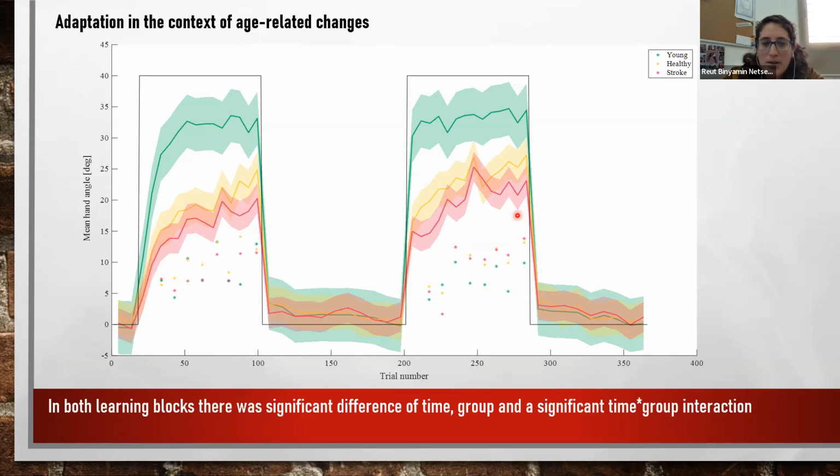And in the second learning block, the interaction is driven by the fact that the difference through time was significant only for the stroke and healthy, but not for the young group. So we can understand from that maybe young participants managed to maintain the level of adaptation between blocks or adapted quickly in the readaptation blocks.